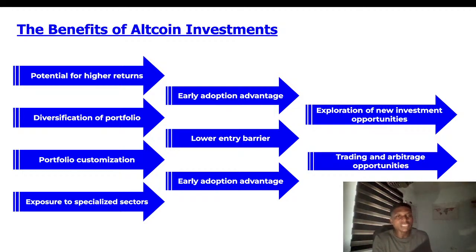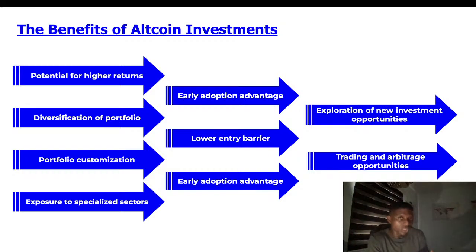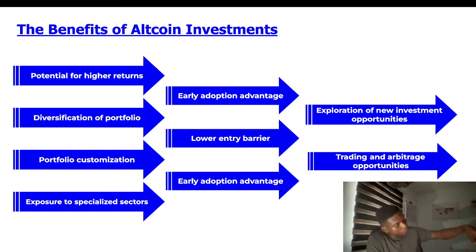So one of the ways to gain exposure into this specialized sector is to diversify your portfolio, because when you diversify your portfolio, you will pick up interest in that area.